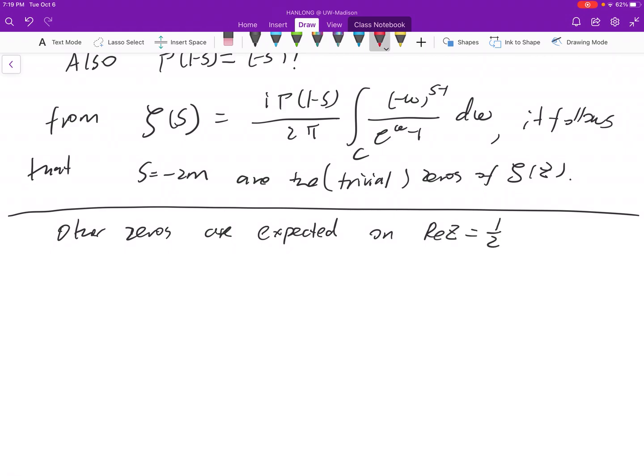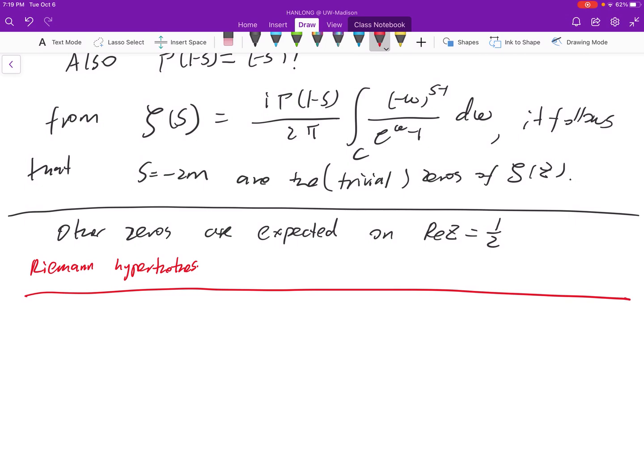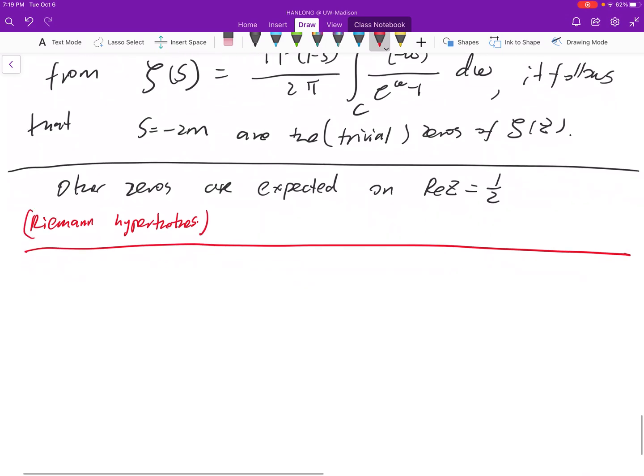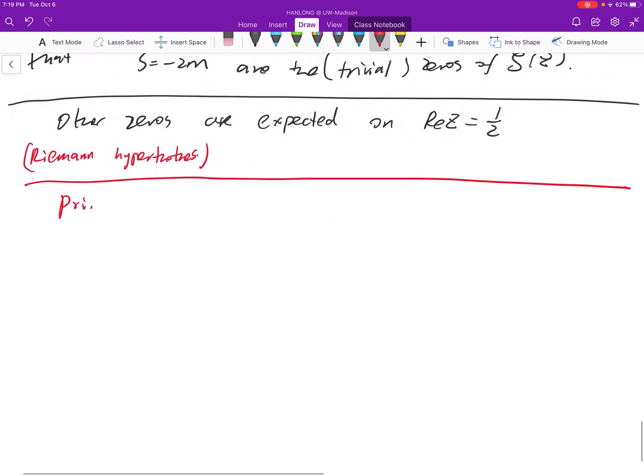So this is called the Riemann hypothesis. And the proof of the prime number theorem is more or less equivalent to confirming that real part s equals 1 is free of zeros.